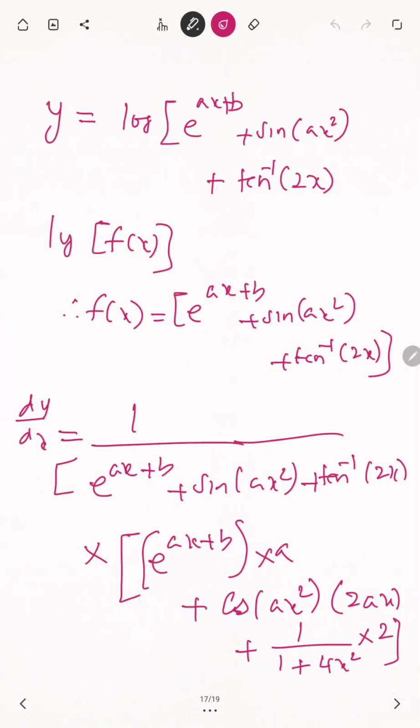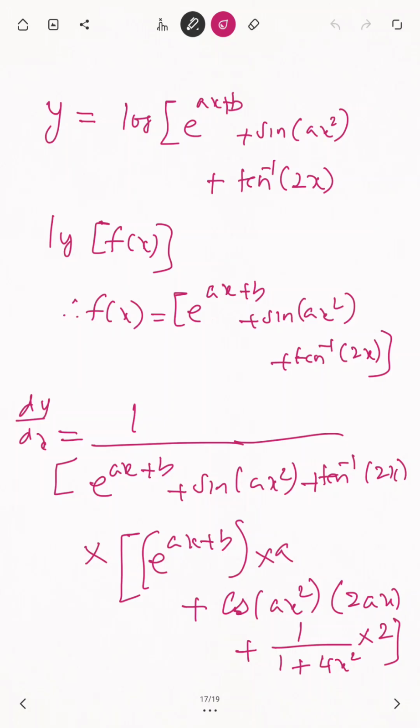Once more I am explaining, my dear student. Derivative of this is what? Logarithmic function. f of x is what? e power ax plus b plus sin of ax square plus tan inverse 2x. So what is the formula telling? 1 by f of x into f dash x.